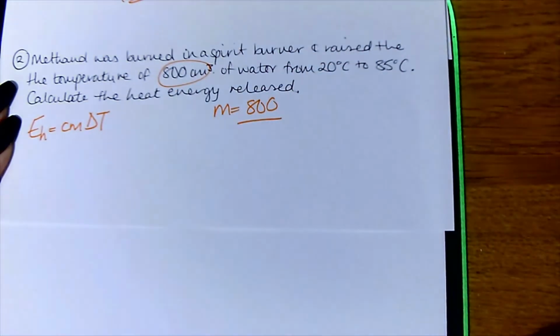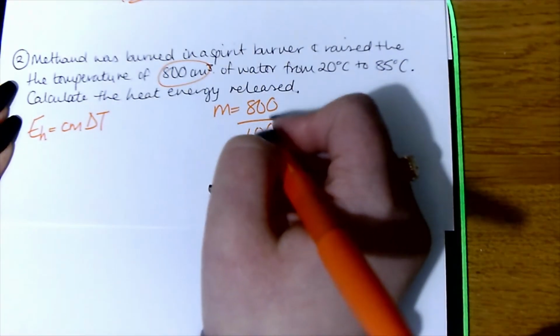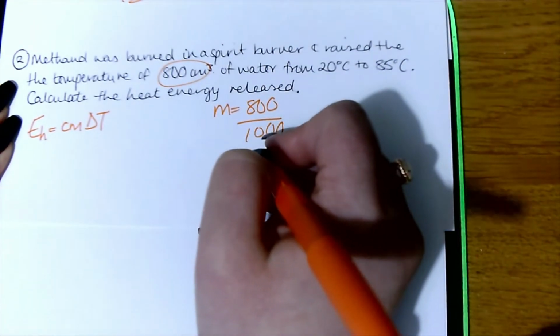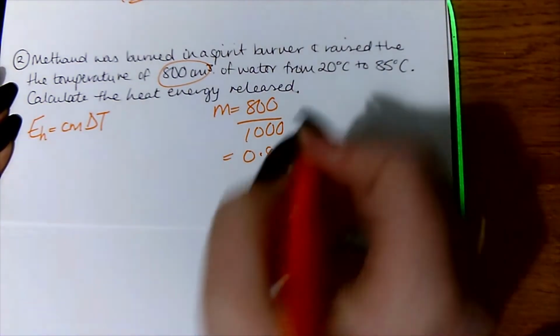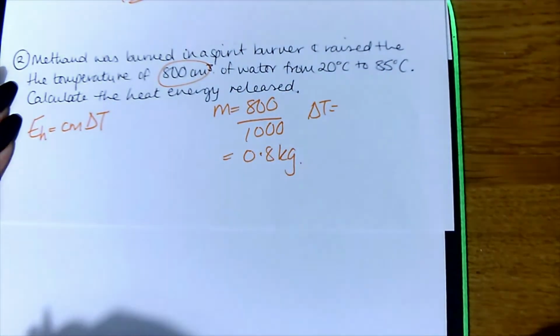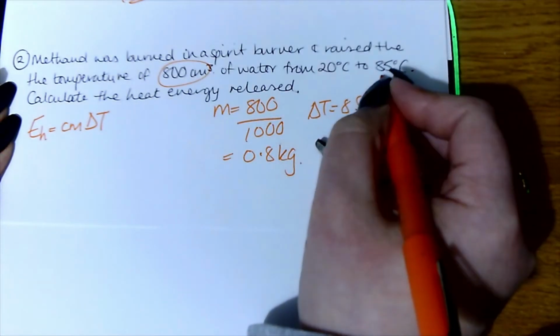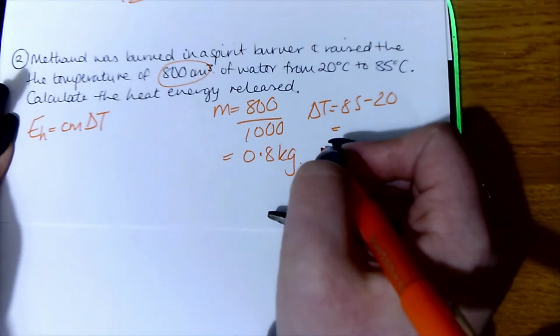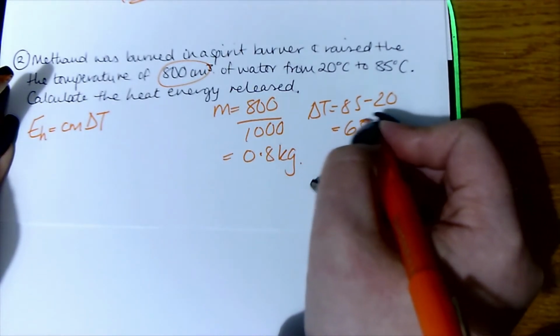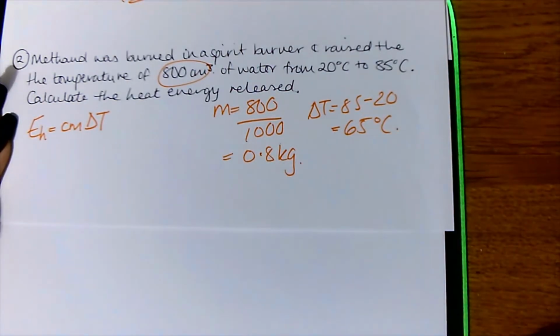For mass, it's 800 centimetres cubed of water divided by 1,000 to give us a mass of 0.8 kilograms. And our change in temperature is 85 degrees centigrade minus 20 degrees centigrade. So we get a value of 65 degrees centigrade for our temperature change.